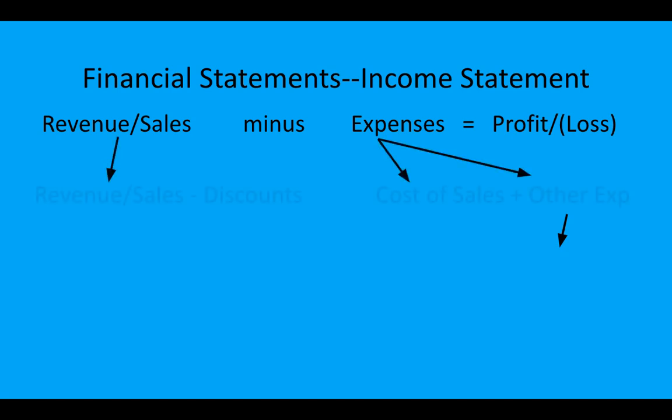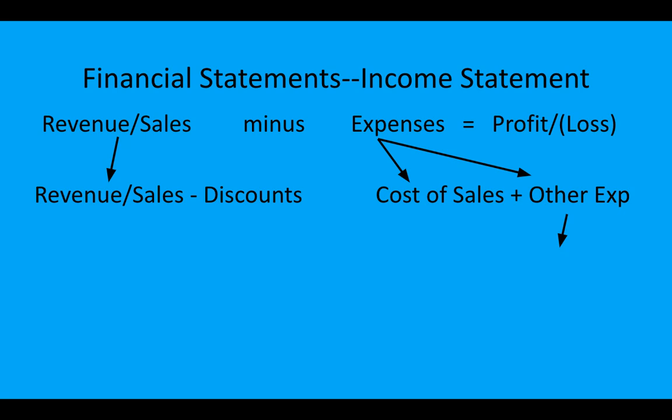However, when you take a look at what's in all of these, it can get a little more complicated. So revenue and sales may include discounts on the particular line that they show them, or you may see a discount below them subtracting from revenue and sales. A lot of companies will just report net revenue or net sales, something like that. But whatever the very top first line is, you'll get revenue and sales.